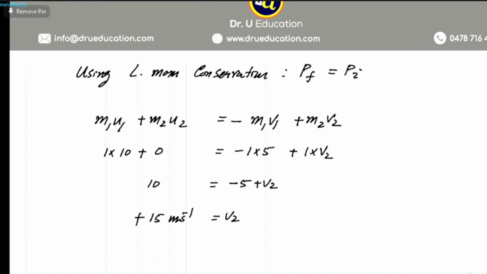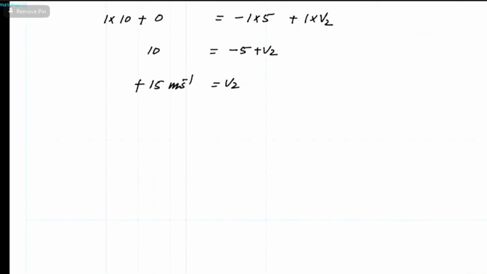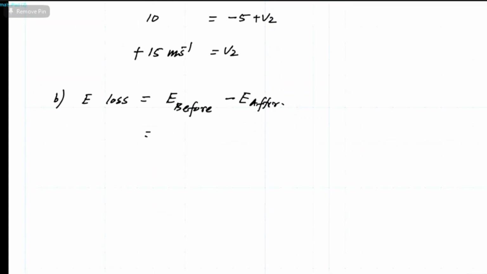Okay. So now energy loss, right? Energy loss would be energy before minus energy after. So energy before would definitely be kinetic energy, no potential, because it's a horizontal line, it's not jumping up, right?